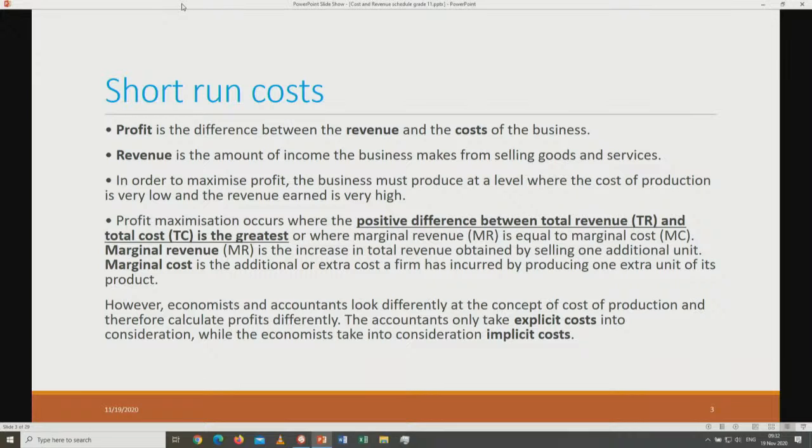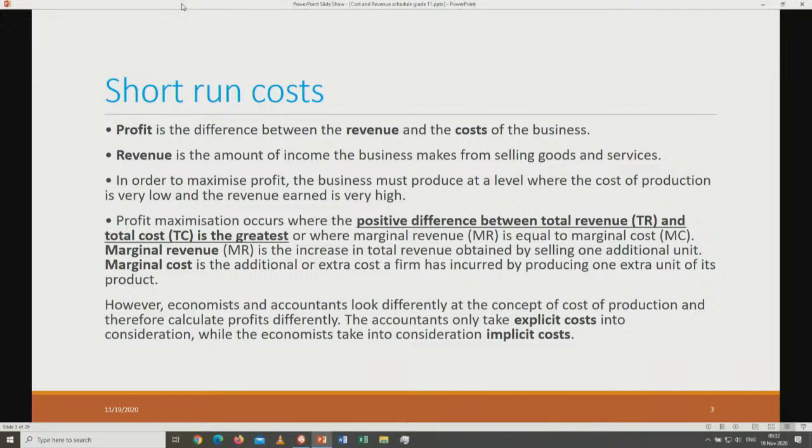Now, what is marginal revenue? The marginal revenue is the increase of the total revenue that we obtain by selling one extra unit of the product. So when we sell the first product, we sell the second product, and then we compare the revenue of the first product and the revenue of the second product. If our second product was the last product that we sold, then that will give us the marginal revenue, the difference between the revenue of the first product and the revenue of the second product.